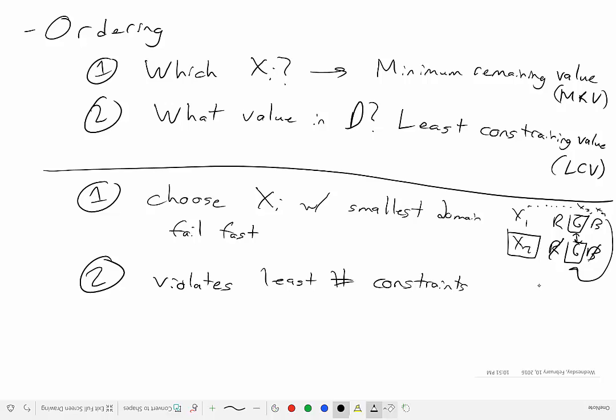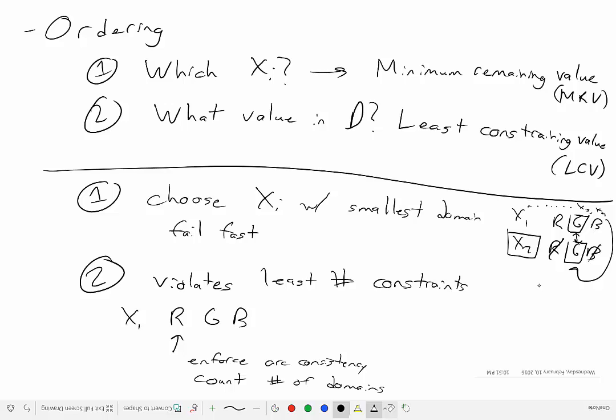Now, how would you choose this value? One option is that, let's say we have x1 and we have r, g, and b. You could, in your head, assign x1 to r and enforce arc consistency. And you could do that for r, and then you're going to count the number of domains crossed out.